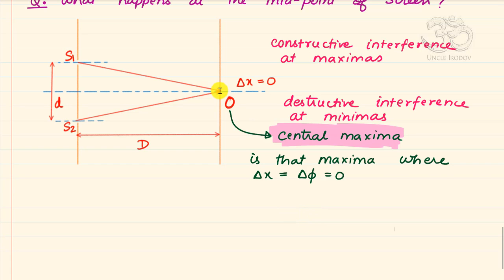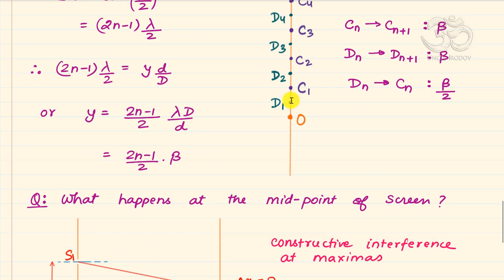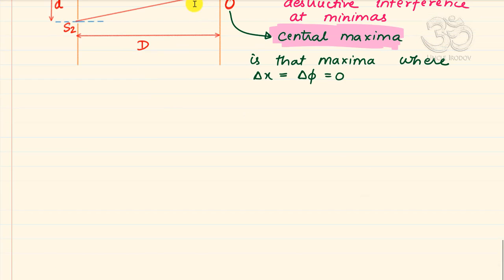So now what we are going to see is a bright patch at the center, then a dark patch here, then a very bright patch at C1 here, then a dark patch here, and so on. And I know that I don't have to explain the pattern because you have seen it in the previous class in that animation. But something about intensities. So what are the intensities?